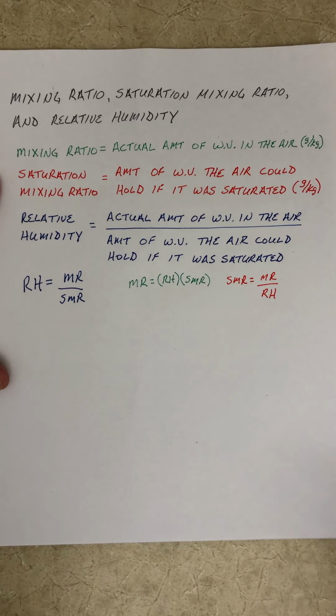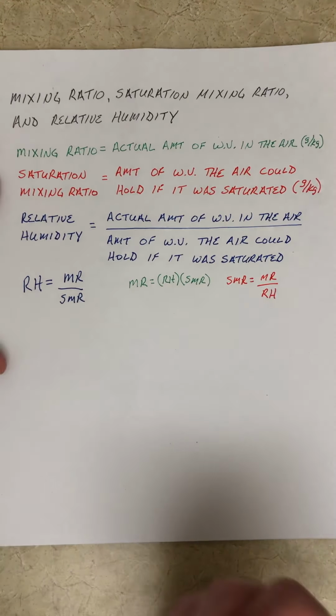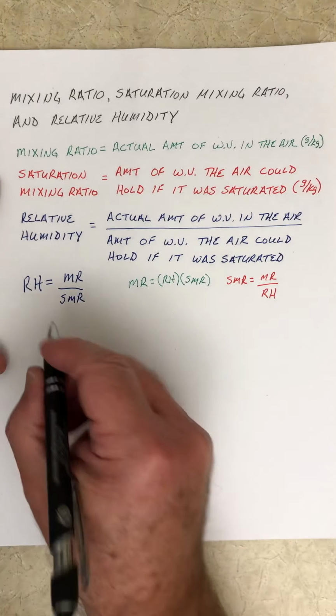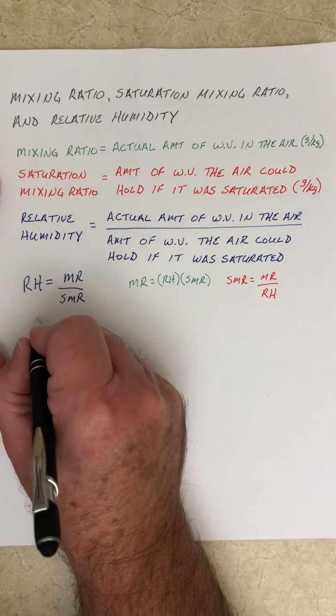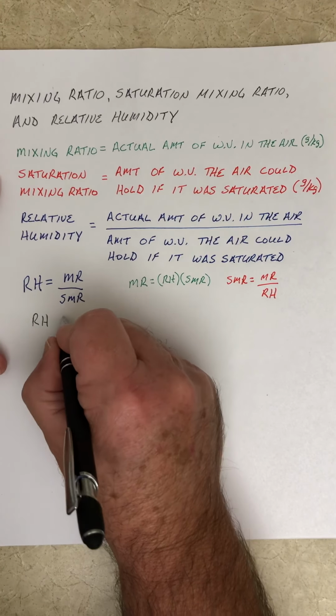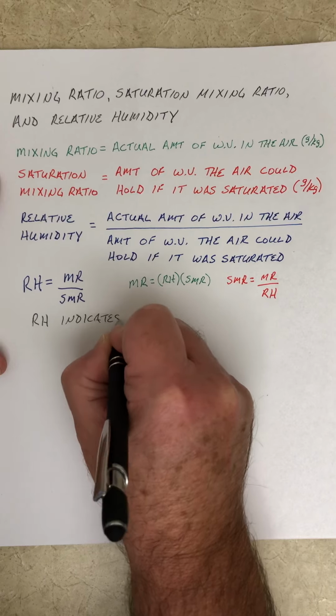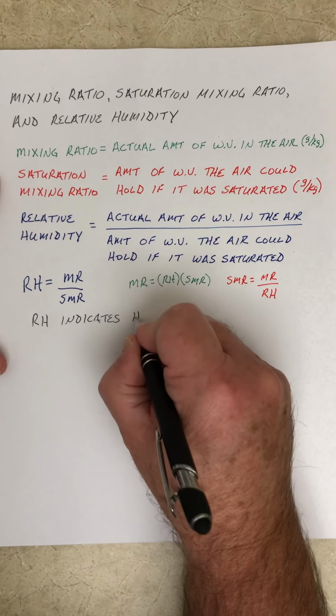All right, so there's something else I need to tell you about relative humidity, what it will do for you and what it won't do for you. Relative humidity indicates how close the air is to saturation.